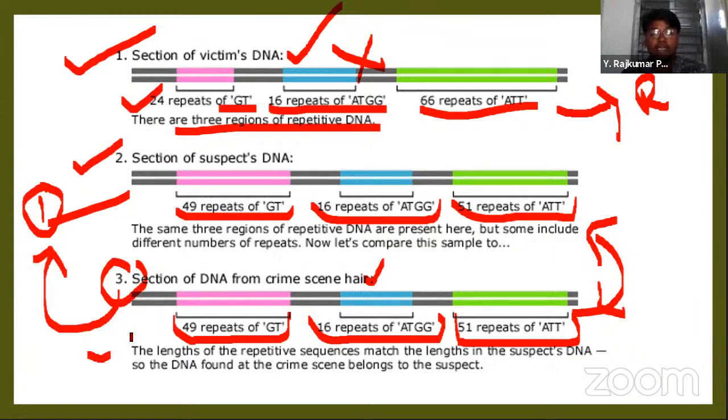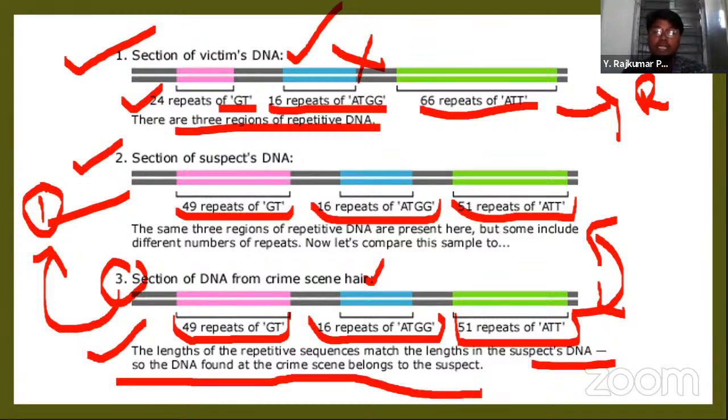The lengths of the repetitive sequences match the lengths of the suspect's DNA, so the DNA found at the crime scene belongs to the suspect. This is how they find the criminals in DNA fingerprinting. It is more accurate, isn't it?